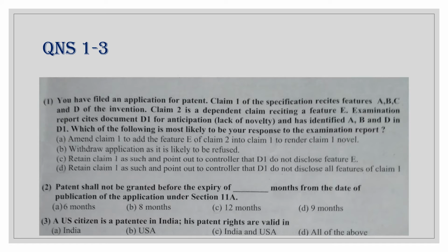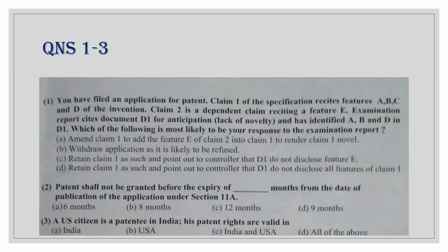Option A says, amend claim 1 to add the feature E of claim 2 into claim 1 to render claim 1 novel. Option B, withdraw application as it is likely to be refused.